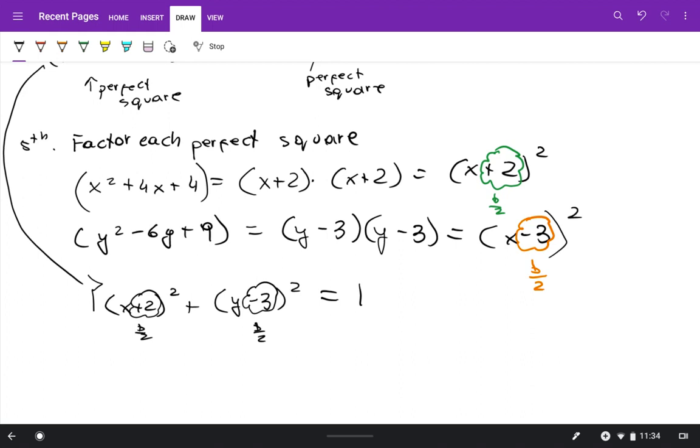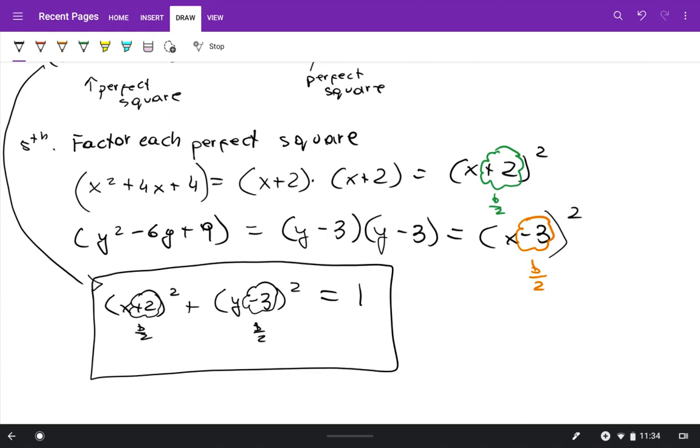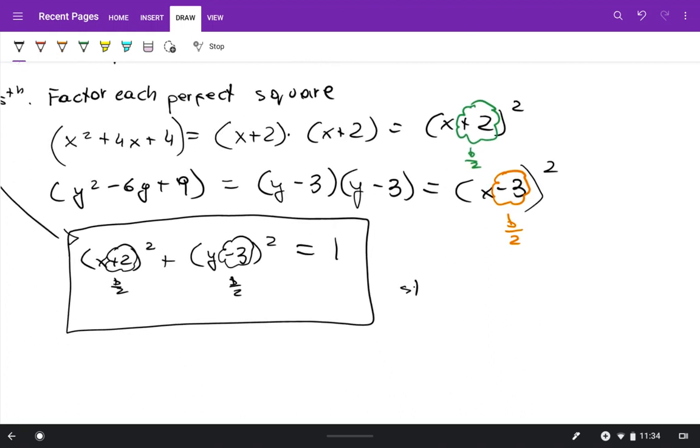So here we have it: this is the standard form of a circle.